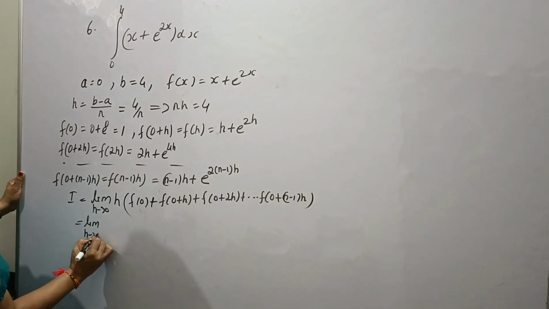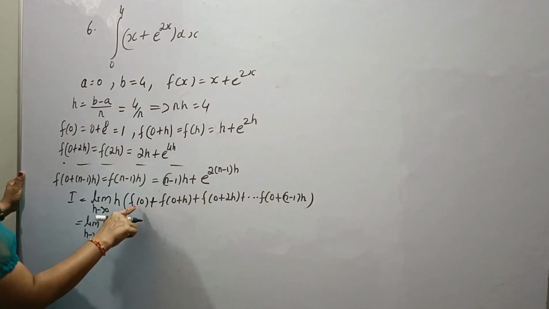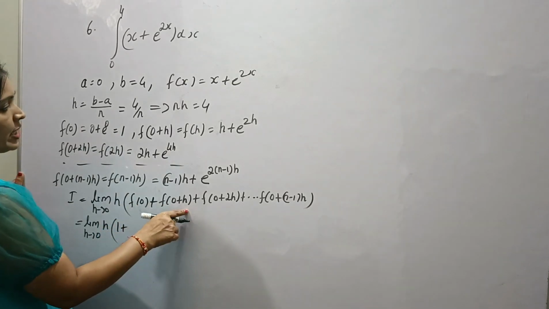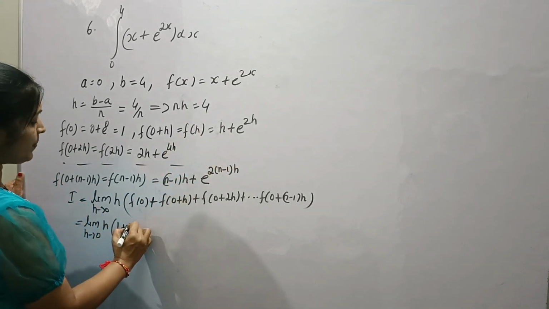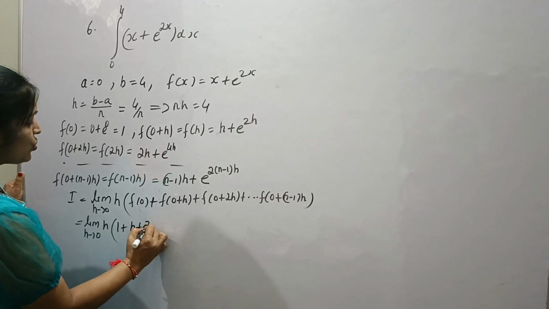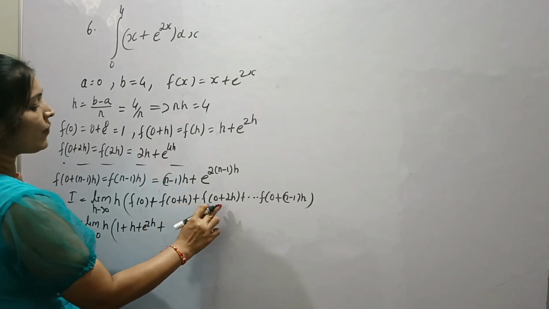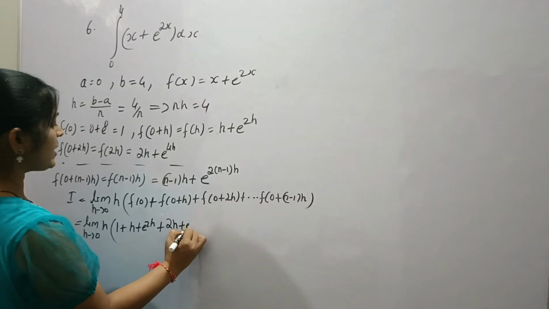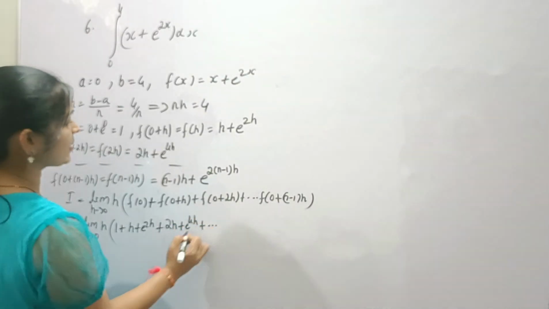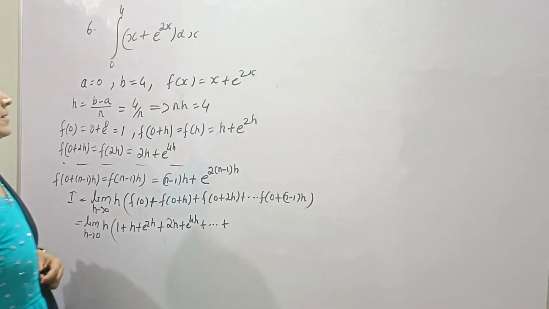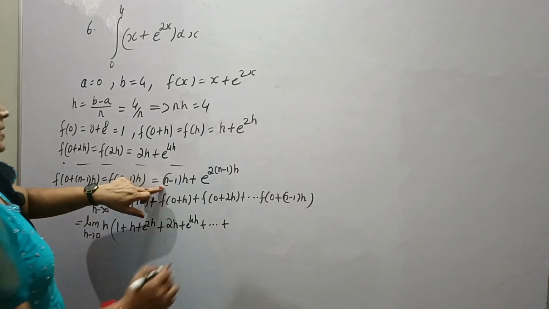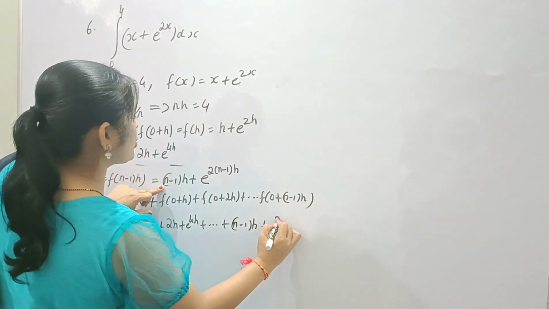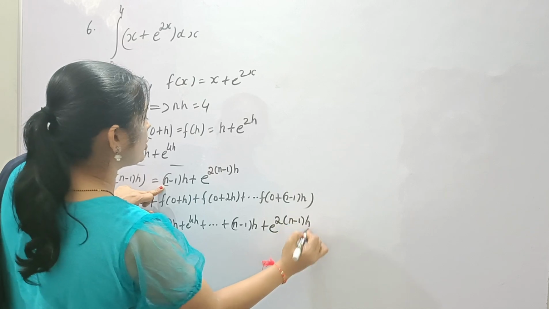Limit h tends to 0, h into f of 0 is 1 plus f of h is h plus e raised to 2h plus f of 2h is 2h plus e raised to 4h plus etc. plus last term, that is (n minus 1) into h plus e raised to 2 into (n minus 1) into h.